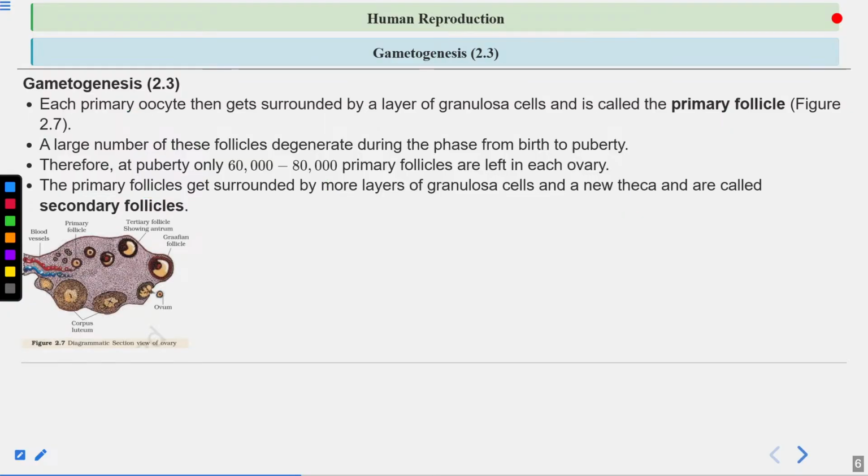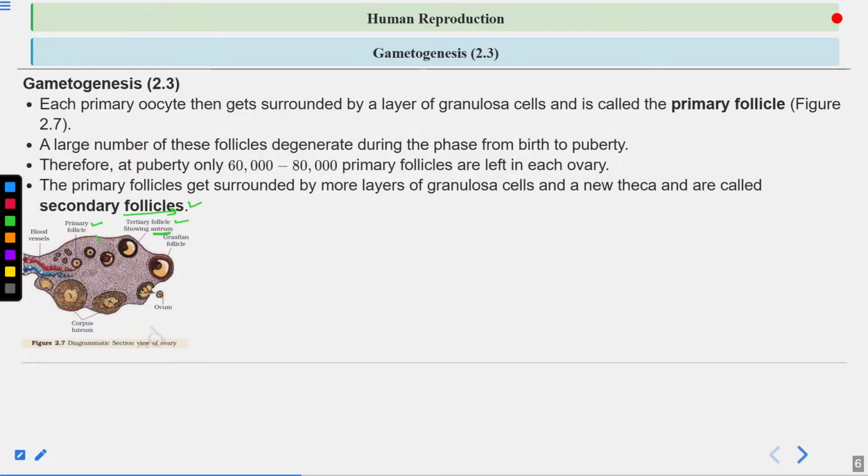So here again we can see a diagrammatical sectional view of the ovary. Now you can see this is the primary follicle. Primary follicle consists of the primary oocyte. Then from the primary follicle, secondary follicles are formed, which is now shown here. The secondary follicle will also consist of the primary oocyte. Then from the secondary follicle, tertiary follicle is formed, which consists of the fluid-filled cavity known as the antrum.